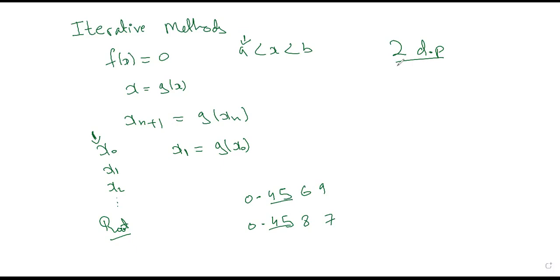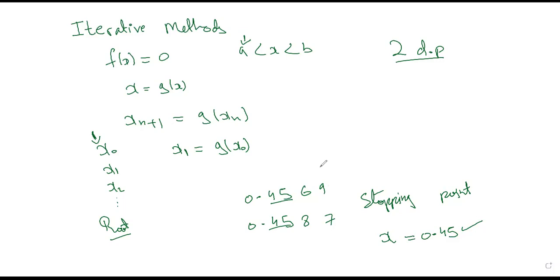It varies from question to question. And this is your stopping point. So you can clearly write that your x is 0.45.